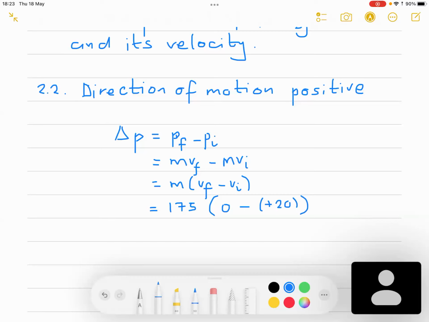Okay, so you could just say minus 20, but I'm writing it like this to remind you that the 20 is positive. And so if you put this into your calculator, you should get minus 3,500 kilogram meter per second.